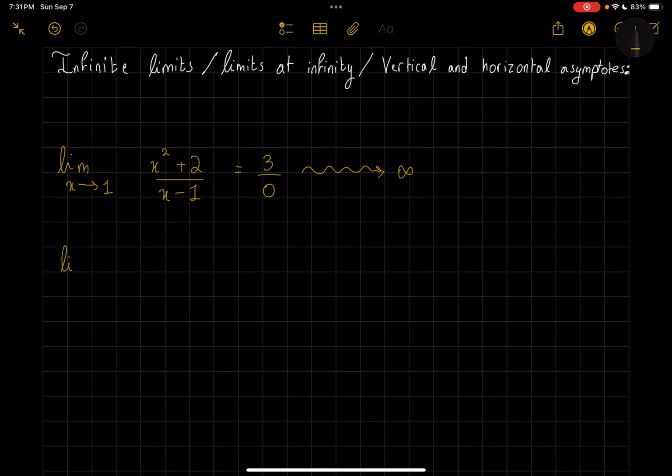So limit as x is going to 1 minus of x squared plus 2 over x minus 1. When we want to substitute 1 minus instead of x right now, we can substitute it with 1 in the numerator, but in the denominator, we should substitute it as 1 minus.